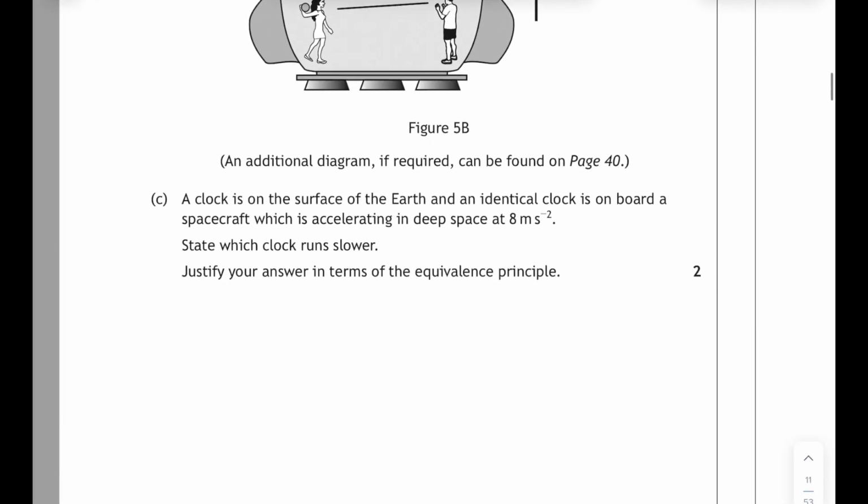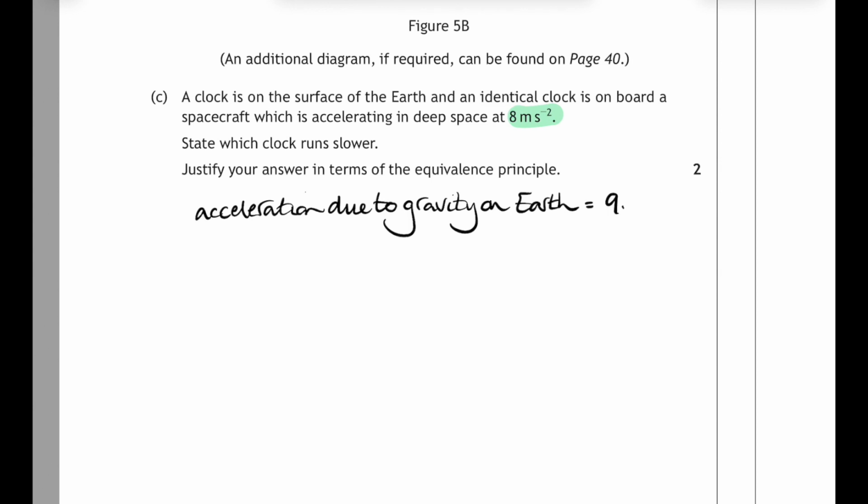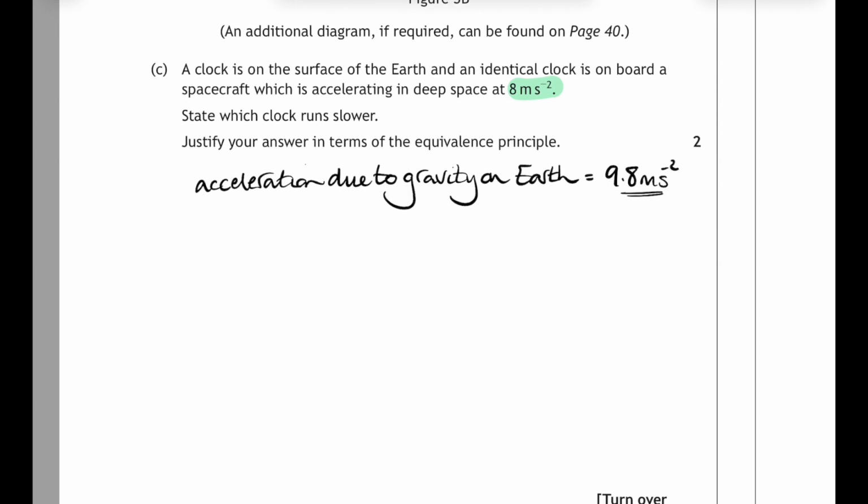And then 5 part C, a clock is on the surface of the Earth, and an identical clock is on board a spacecraft which is accelerating in deep space at 8 meters per second squared. And we've to state which clock runs slower, and justify your answer in terms of the equivalence principle. Well, the gravitational field strength, or acceleration due to gravity at the Earth's surface, is 9.8 meters per second squared.